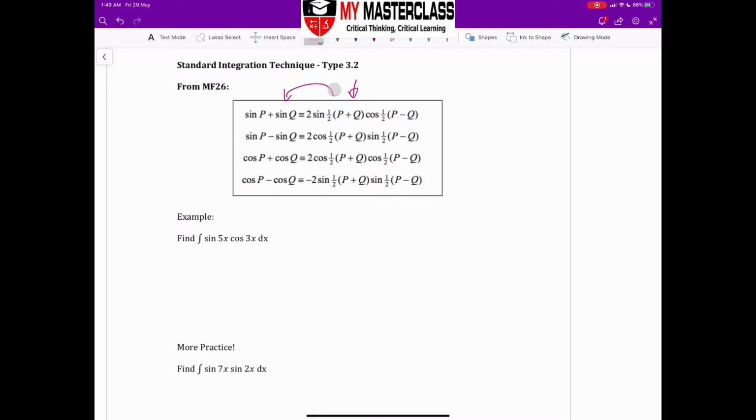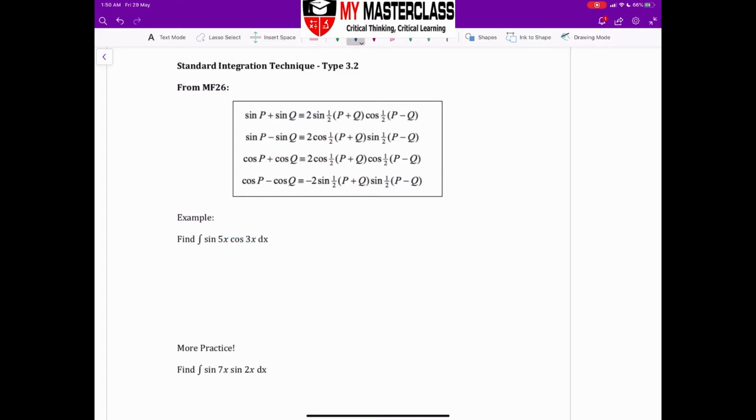I'm going to run through with you a very common way that most students employ, and thereafter I will teach you a shortcut on how to memorize this. From MF26, the first thing we're going to see is what kind of combination there is. If you look at sine and cosine, we are most likely going to look at the first formula here, because there's sine and cosine on the right hand side.